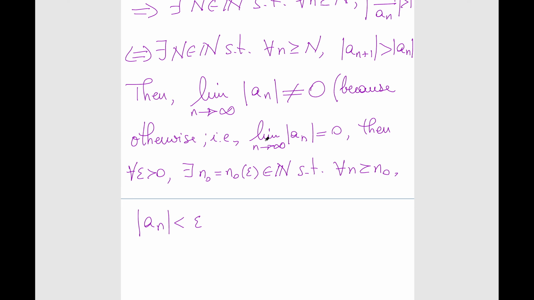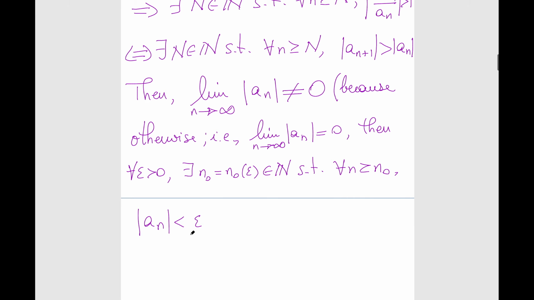So again, if the limit of Bn, where Bn is the absolute value of a sub n, is 0, it means that for any threshold epsilon, the sequence Bn starts being inside the neighborhood of radius epsilon, the neighborhood of 0. So the distance separating those terms from 0 is smaller than epsilon.